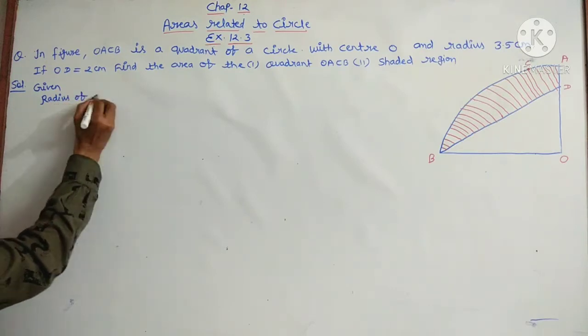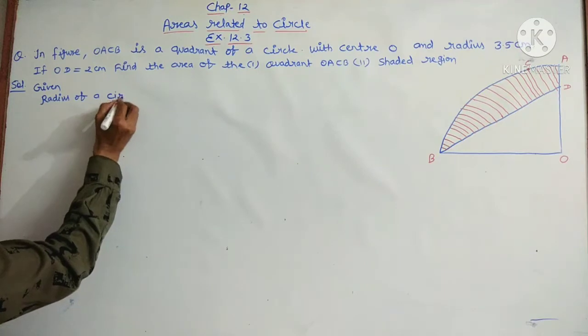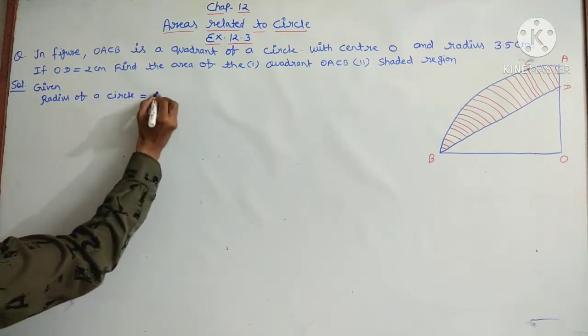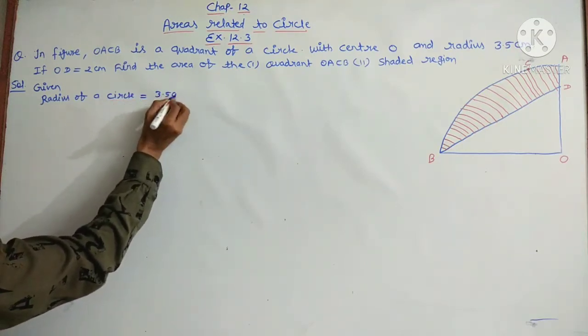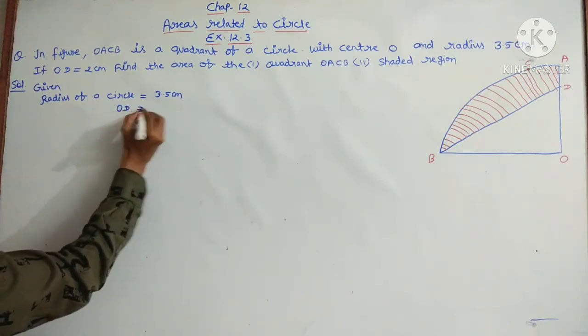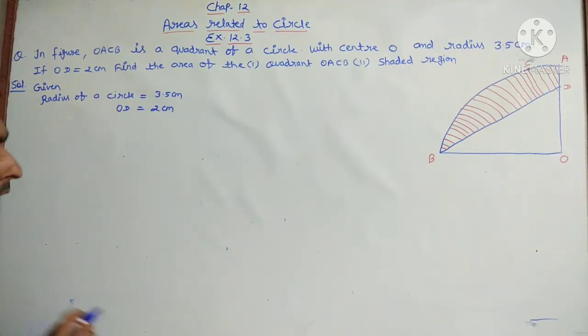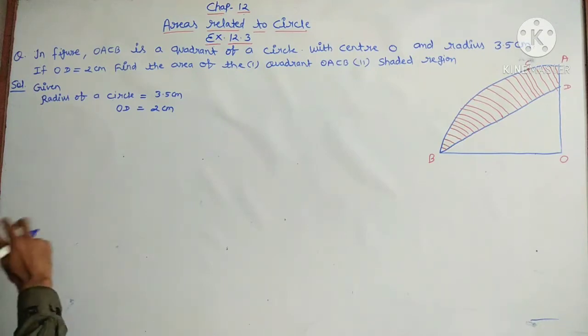Given: radius of a circle is 3.5 centimeter, and OD is equal to 2 centimeter. The first value you have to find is the quadrant OACB.